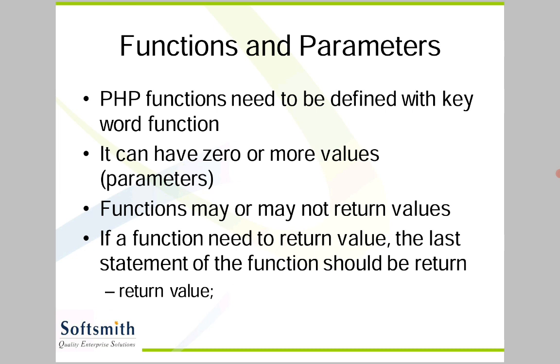After that, local variables are defined, and then a return statement is used. There are two types of variables: local variables and global variables. Local variables are available in that function only, whereas global variables may be accessed throughout the program, or outside the function also.